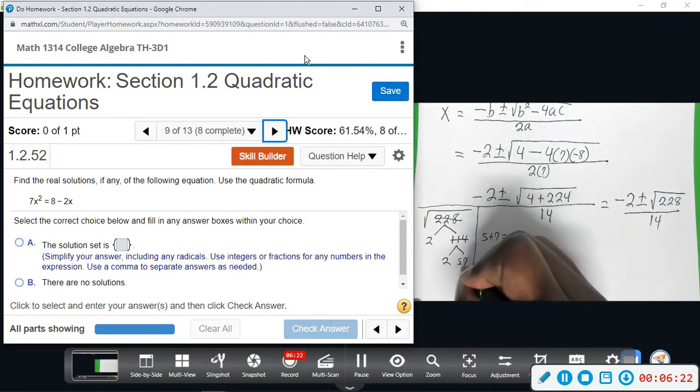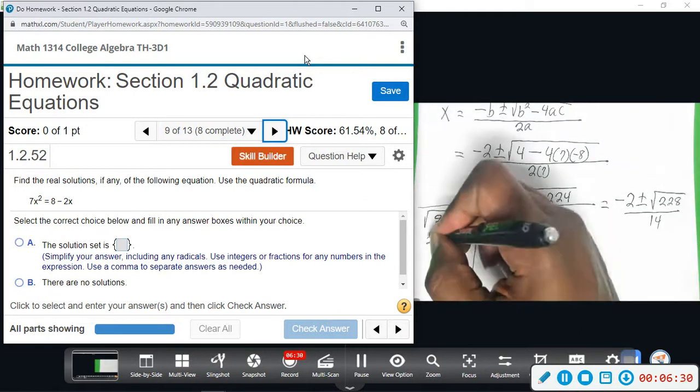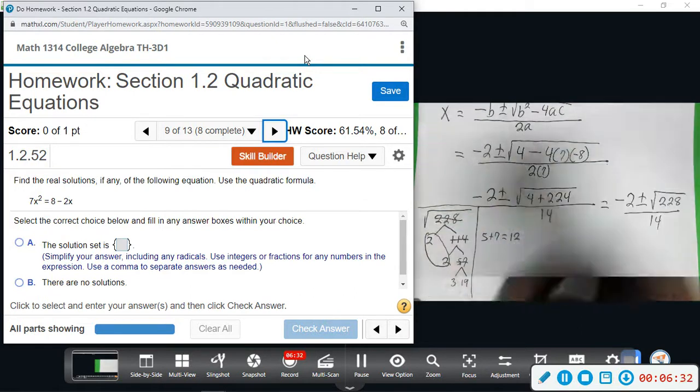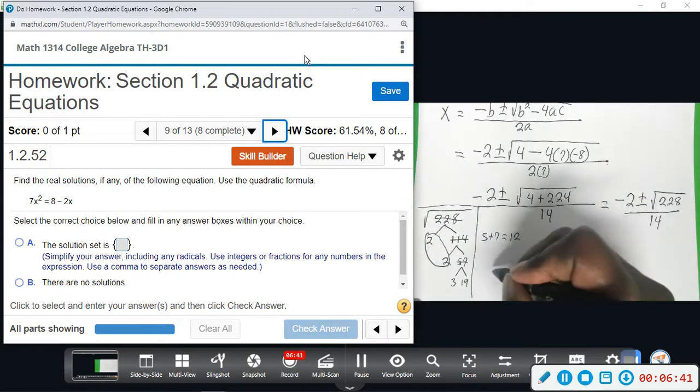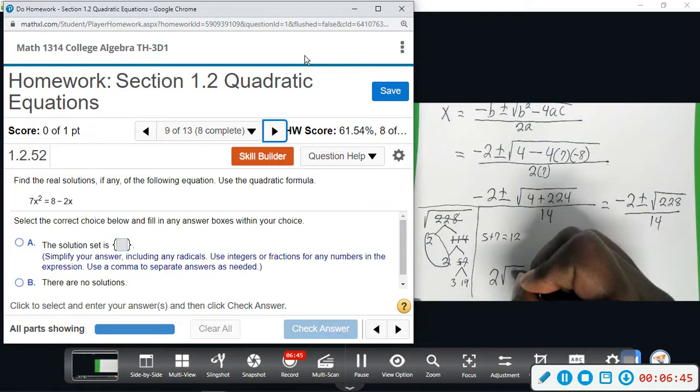So we can do this 3 times 19. All right, so all prime, we have a pair of 2s, so we can pull a 2 out. And 3 and 19 are prime. We can't pull anything out, so we got to multiply back together. So square root of 228 is equal to 2, and then the square root of 57.